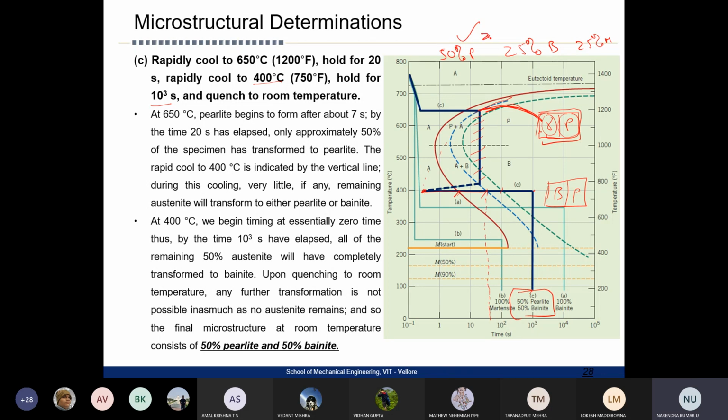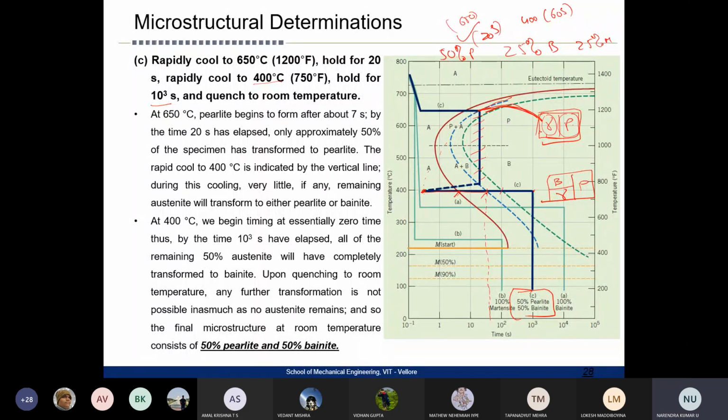So for this one, 20 seconds I keep at 650. Second, I go to 400 and keep it for 60 seconds. That means initially 50% is converted, and the remaining 50% is austenite. Of that, half is getting converted to bainite, and still the remaining austenite is 25%.